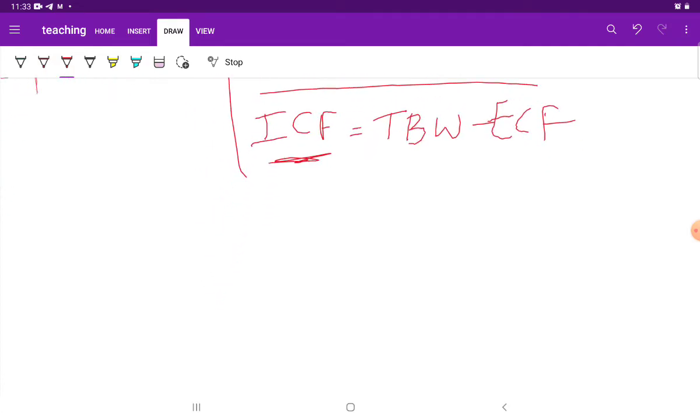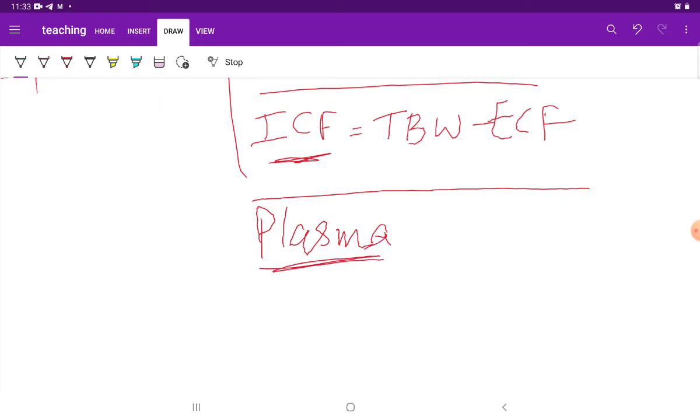In case of calculating the plasma, we use radio labeled iodinated albumin, or you can just say radio labeled iodine is used.